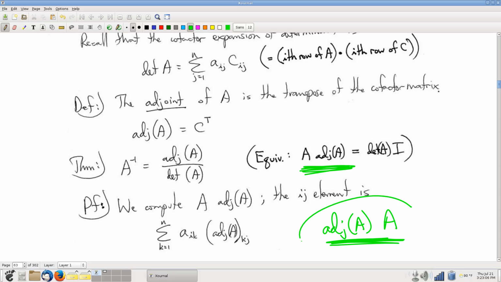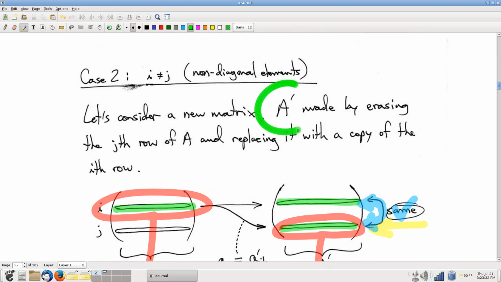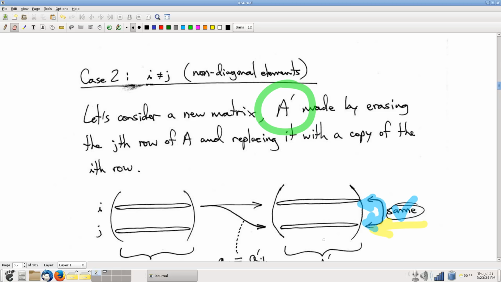Turn this matrix product not into a statement about dot products of two rows, but into a statement about dot products of two columns. And then go through, adapting as appropriate, an analogous argument. Make an appropriately clever choice for what this matrix A prime would be. It's going to be very similar to this, except instead of replacing a row, you're going to replace an appropriately chosen column.